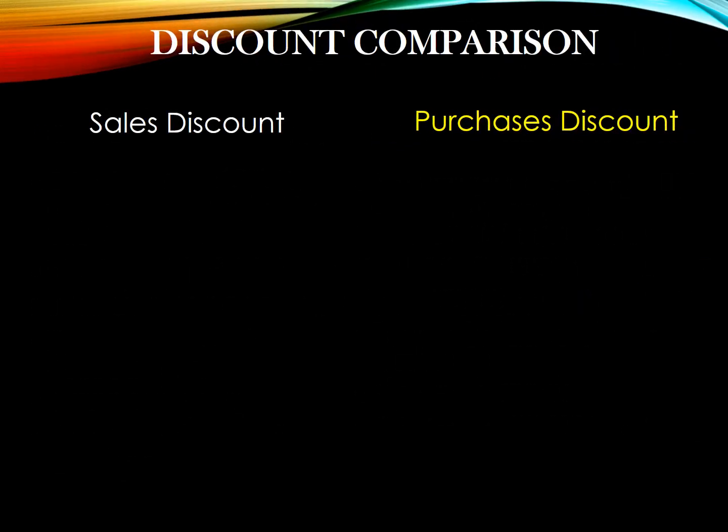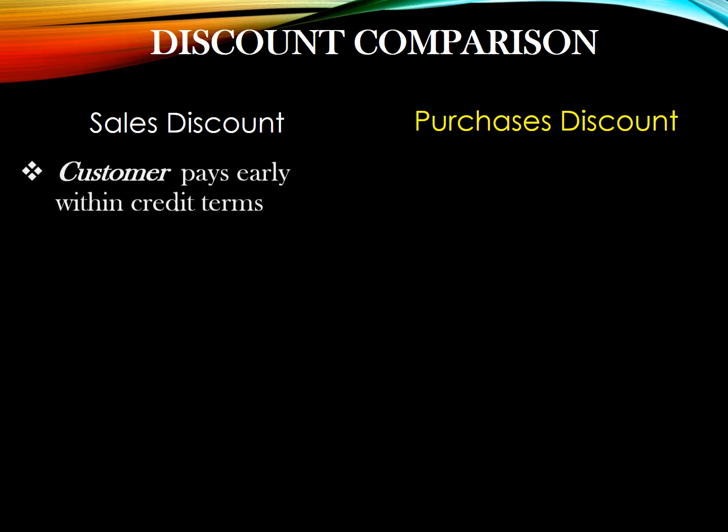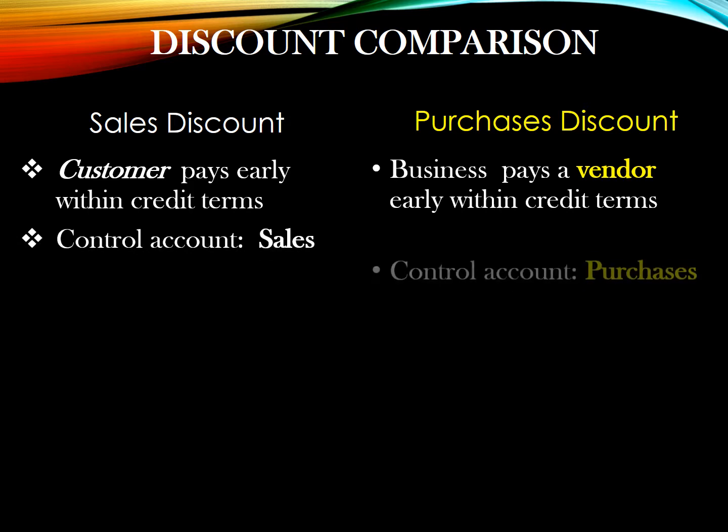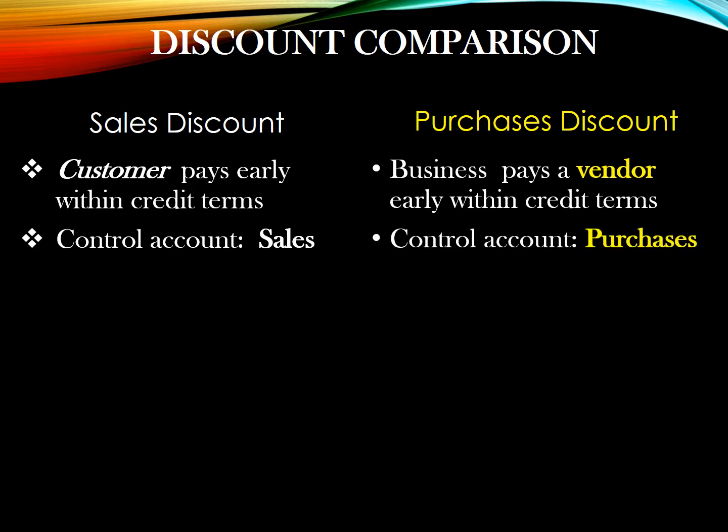Comparing the discounts, sales discount and purchases discount. Sales discount is given when a customer pays early within the credit terms. A purchases discount is when a business pays a vendor early within the credit terms. The controlling account for sales discount is sales. The controlling account for purchases discount is purchases.